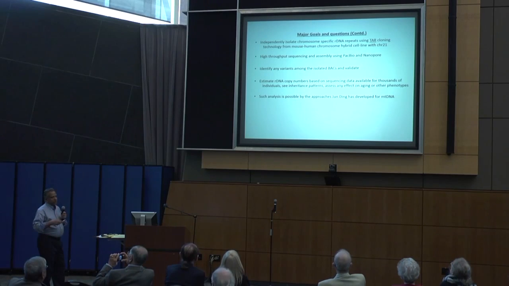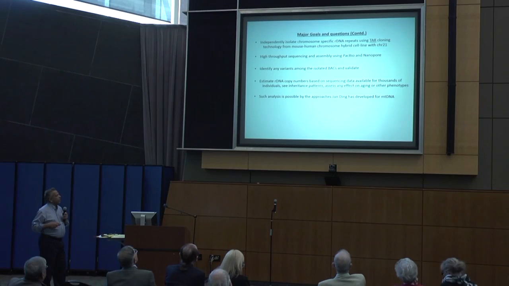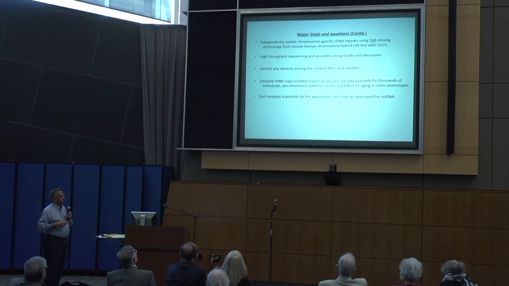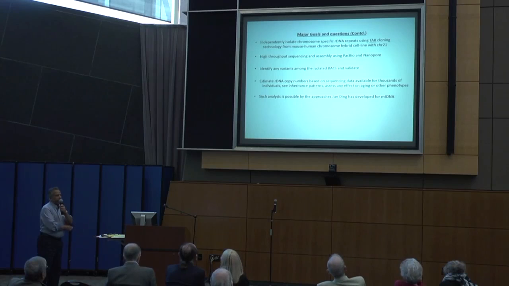I will go into a little more detail in a few seconds. And we sequenced using the latest sequencing technology, using long reads, which will produce up to 50 kilobases of reads in one stretch, and used that sequence that we generated to find any variants that are present in the rDNA, and whether those variants would cause any specific effect.